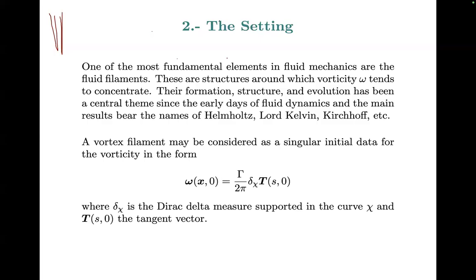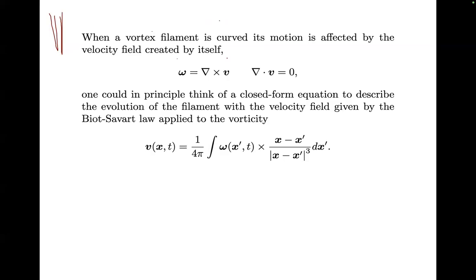So this is your initial configuration. You are given the vorticity at time 0, and then what you want to know is what happens with the vorticity at later times. So then the first question is, what is the relation between the vorticity and the velocity? And of course, the relation is given by the curl.